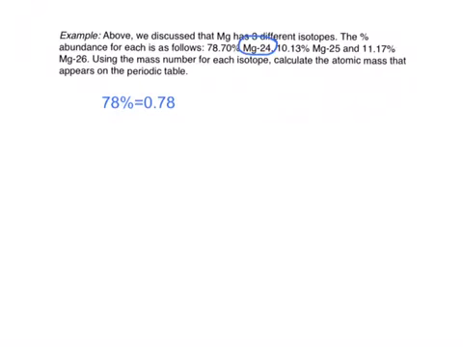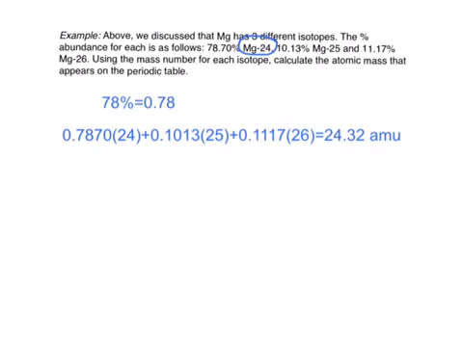So we're going to do 0.787 times 24 plus 0.1013 times 25 plus 0.1117 times 26. And when we add all this together, multiply and add, we get 24.32, which is very close to the 24.305 that's on the periodic table.